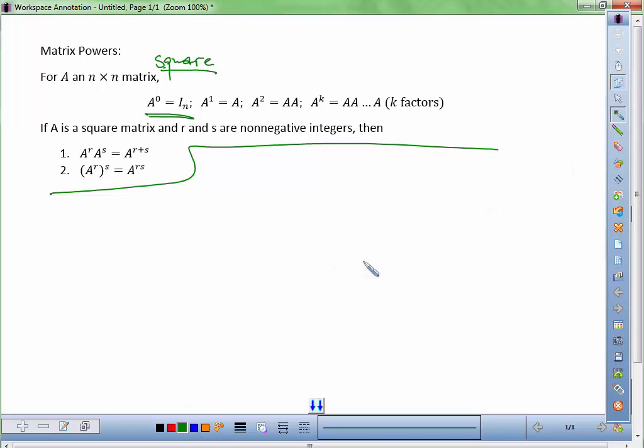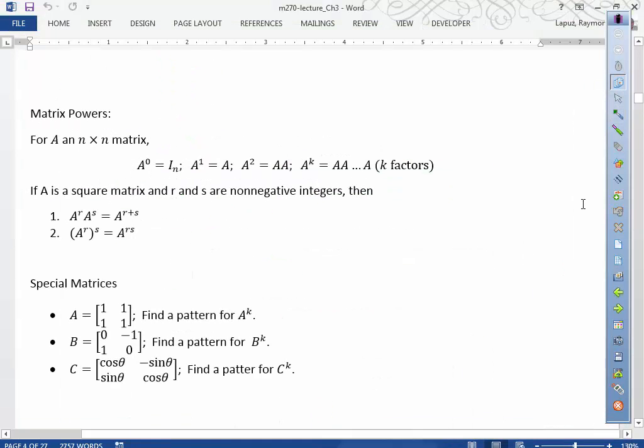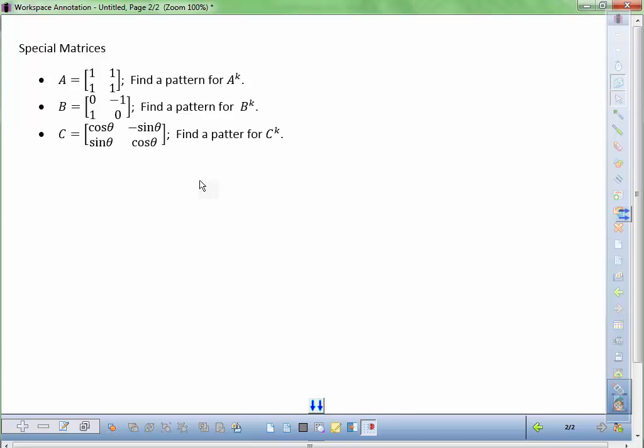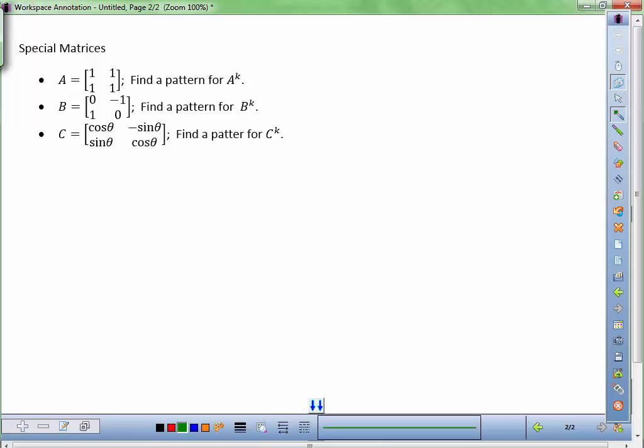So let's take a look at one of those examples. Let's take a look at 1, 1, 1, 1 as a matrix, and then let's do some basic matrix multiplication and see if we can come up with a pattern for that.